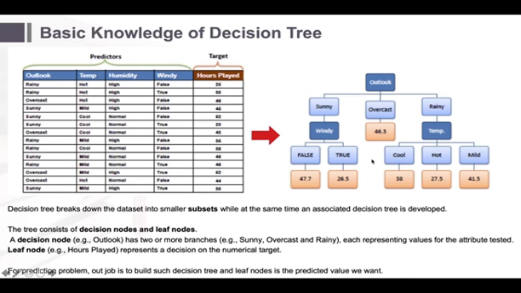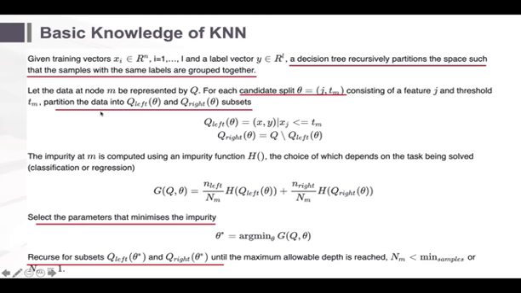The decision-making process starts from the root node and partitions the samples with labels. In order to split nodes, we need to find the best feature G and its corresponding threshold Tm, and then divide the input space into two parts, Q left and Q right, and finally repeat this operation to build our tree.